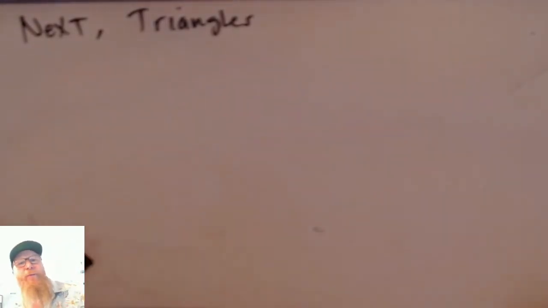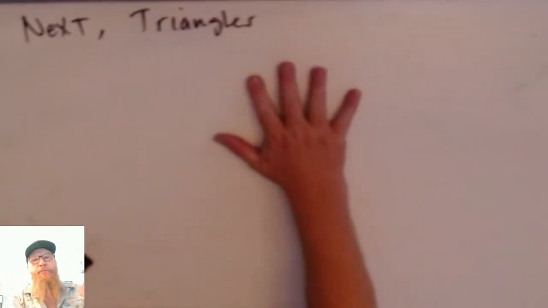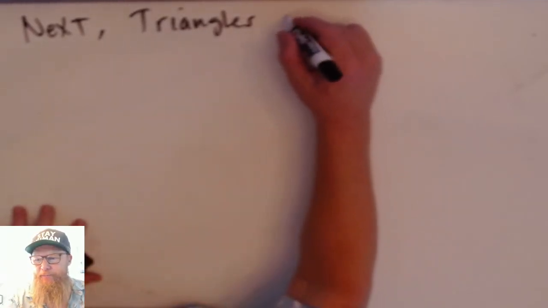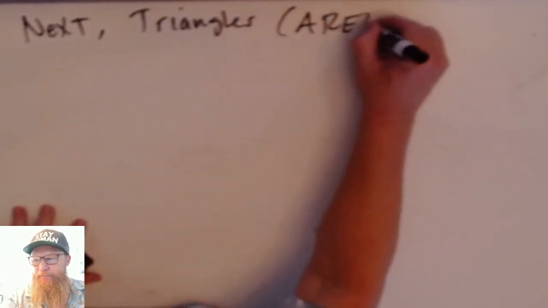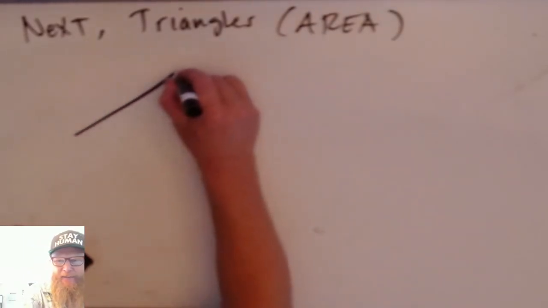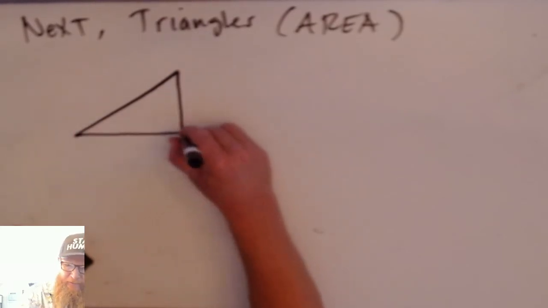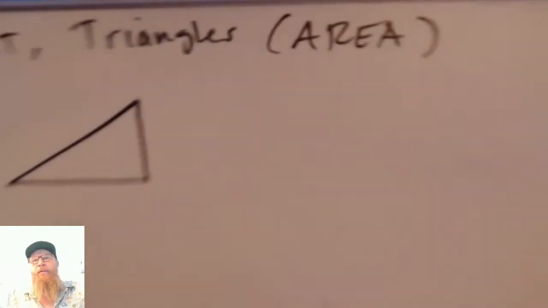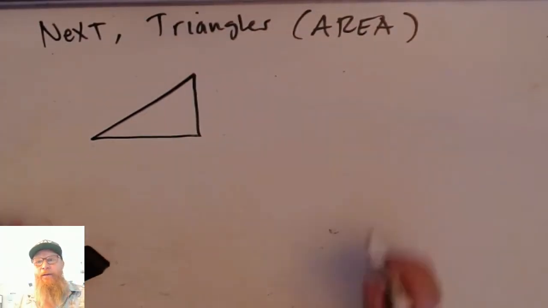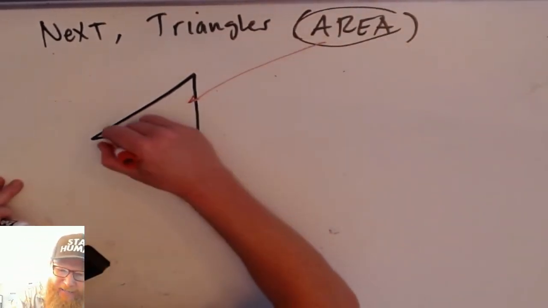We've talked about perimeter and area. But next we need to talk about the area of a triangle. Yeah, the inside. Come on back. Start over. There we go. So we want to know how much area is inside of a triangle.